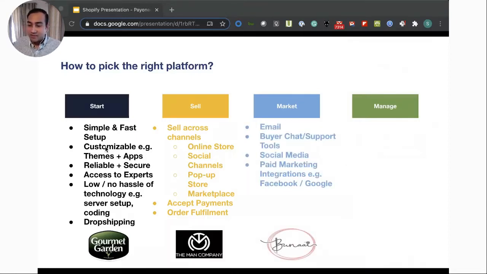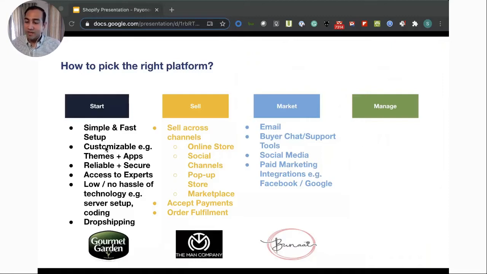Market. It's very important for the platform to enable you to reach out to your customers. Whether it's through email, SMS, buyer chat, support tools on your platform, social media integrations with your website, or paid marketing integrations, you can run your campaigns effectively using the platform.